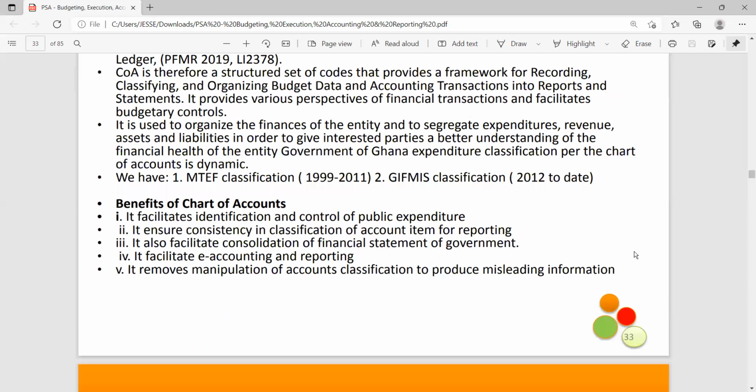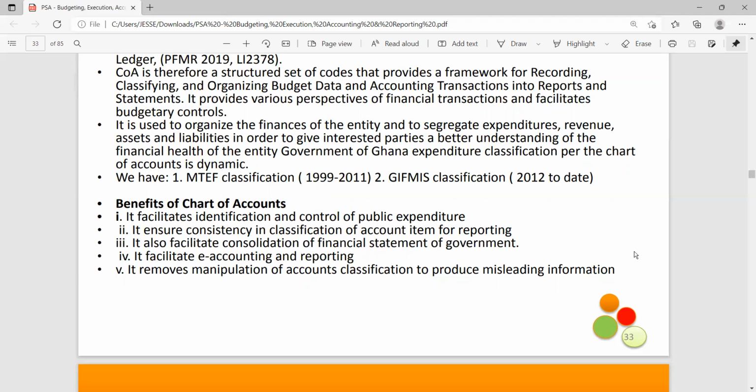Now, what are the benefits of the chart of accounts? Through the definition, we touched on some key benefits, like it gives proper understanding, it gives structure to the recording of accounting transactions or accounting data. But let's dive in a little bit more. So the benefits of the chart of accounts, number one, is that it facilitates identification and control of public expenditure.